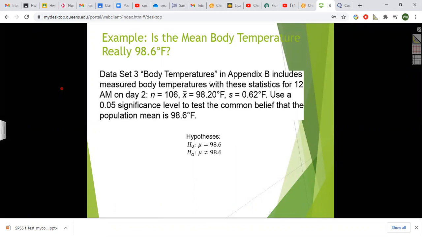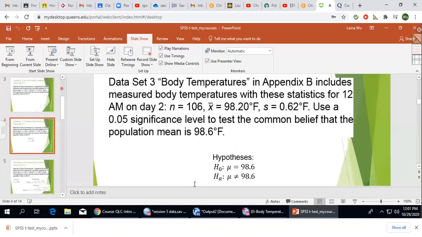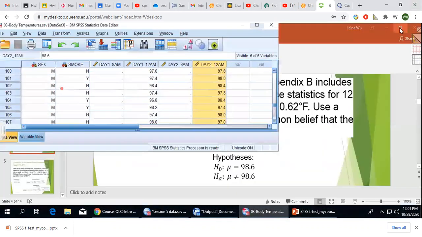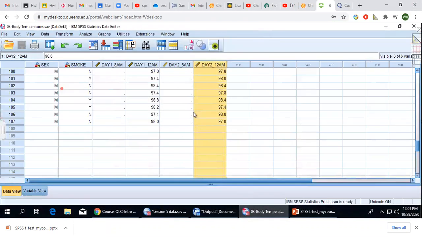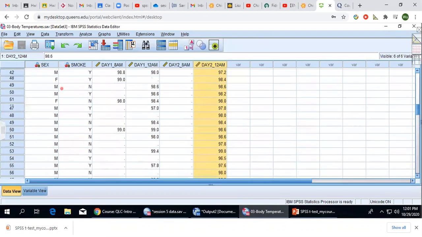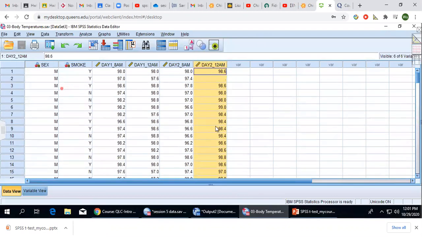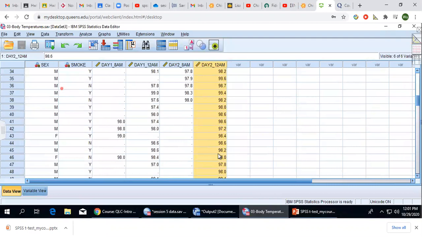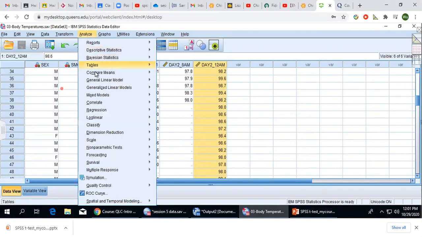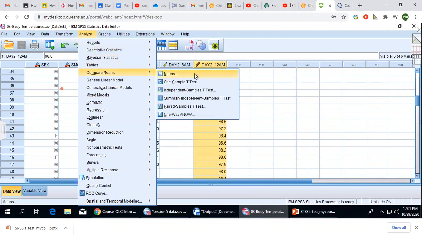What we need to do is go back to the SPSS in your virtual desktop. Over here, I have pulled up the data file, and that is the day 2, 12 a.m. temperature. We go analyze, compare means, and this is only one sample, right?